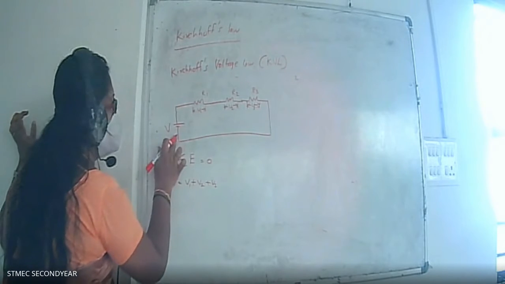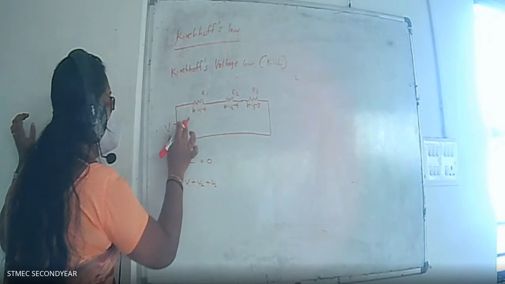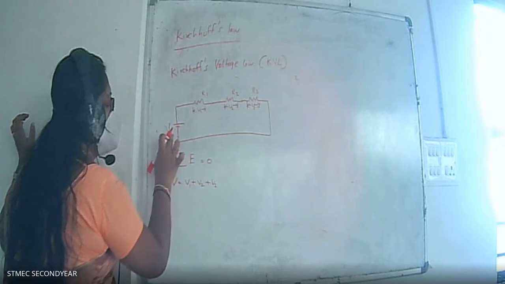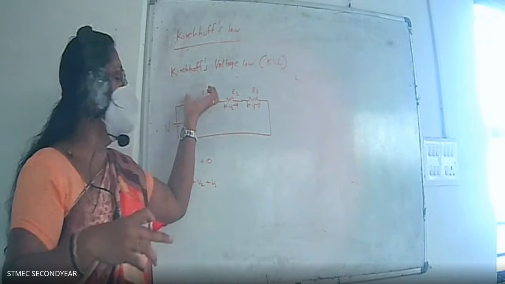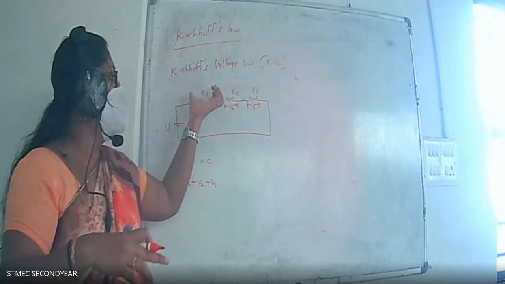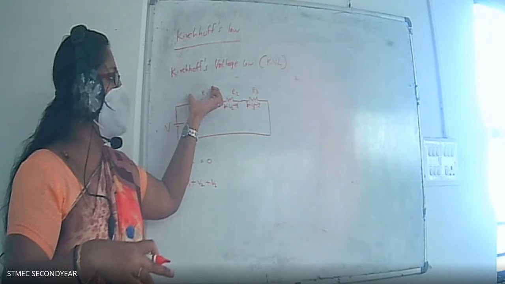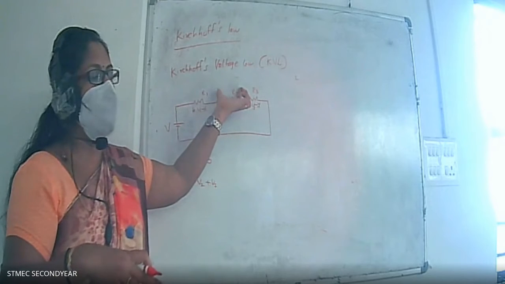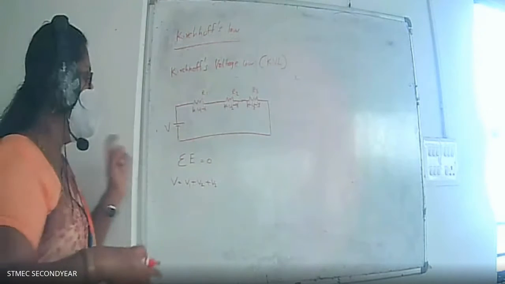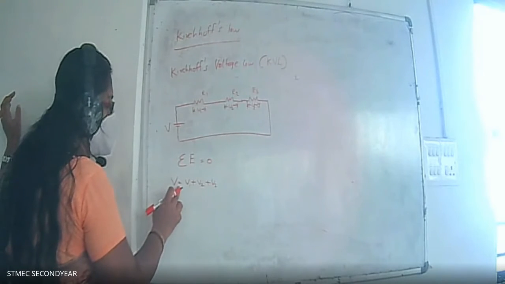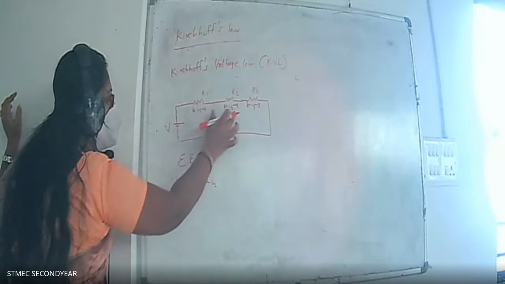So, whenever a current due to this voltage source is flowing through this path, some voltage will drop across each resistor. V1 will drop across this, V2 across this, V3 across this resistor. So, total voltage V equal to the sum of the individual voltage drops.